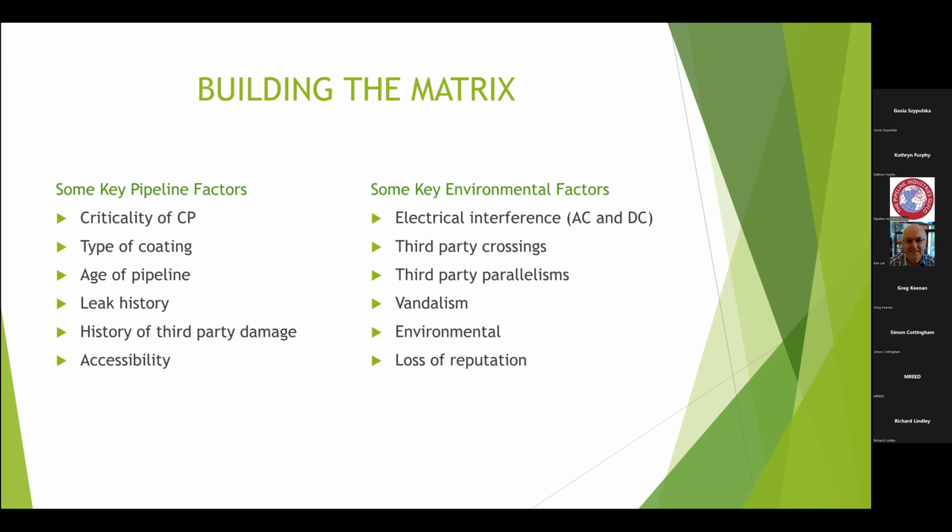It's just the speed of the degradation that's important. 3-layer PE hardly degrades at all, but fusion bonded epoxy can exhibit signs of degradation much more quickly. Doesn't mean it's a bad coating. It just means that that's the way it behaves. It takes up more moisture.